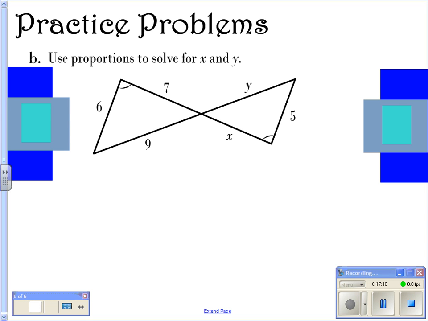Does someone want to go write their proportions? Yeah. Most of the time, whenever they're similar, they're not going to be whole numbers. Do you agree with him? Yes? Okay, go ahead.